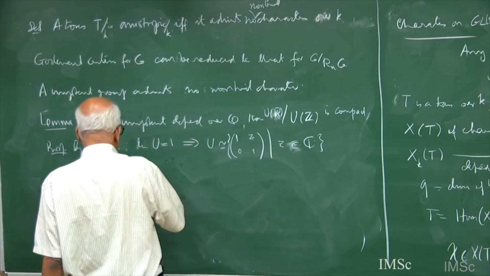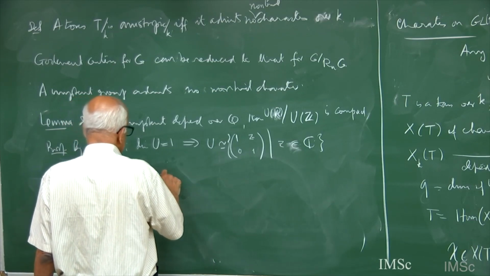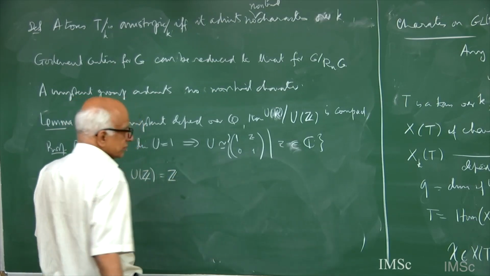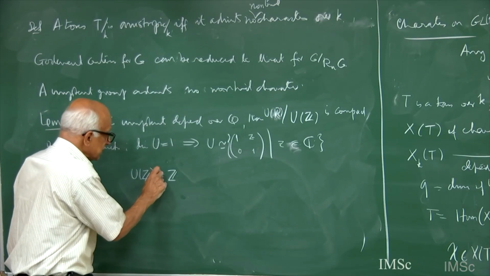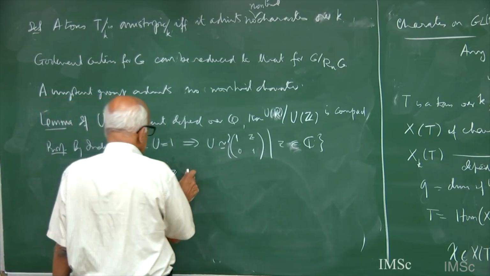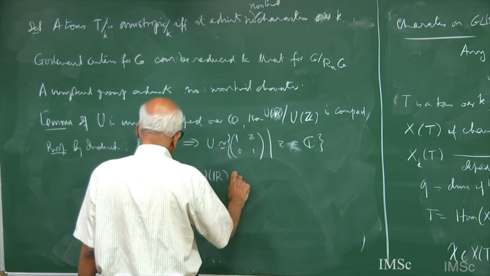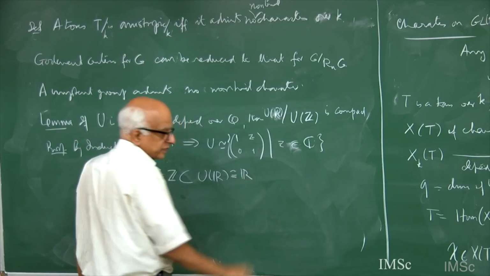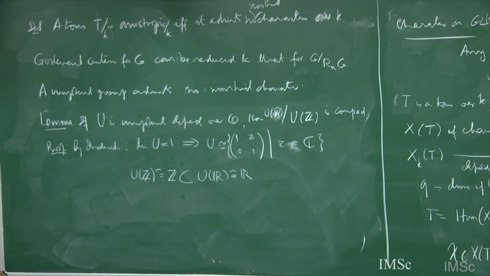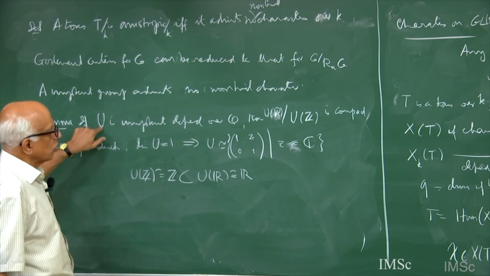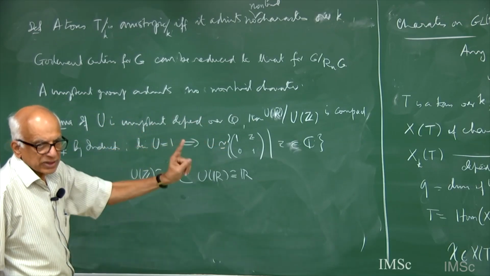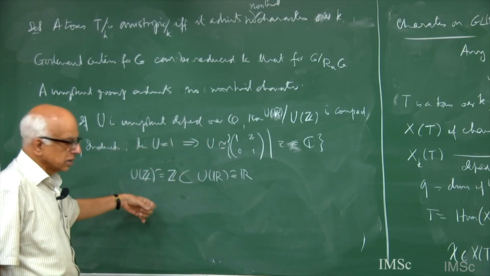You see that U_Z is isomorphic to Z, and is sitting inside U_R. It's a standard fact that you reduce to the case when R by Z is compact. That requires a little bit of work, to prove that if you have a unipotent group defined over Q of dimension 1, it is necessarily of this form.